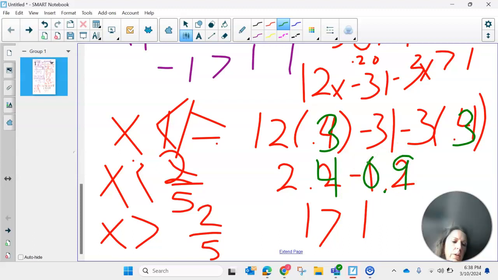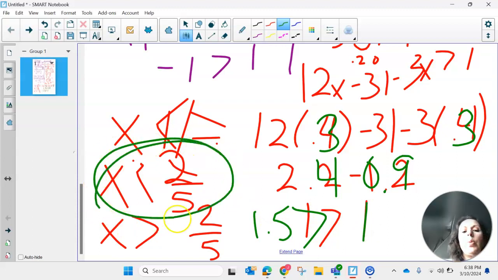So when we do 2.4 minus 0.9, we get 1.5. 1.5 is greater than 1. So we would know that we want x to be smaller, because when we tried it out with a smaller fraction than 2/5, because when we did 2/5, it was exactly 1. So we know we need to get smaller because it actually raises that answer up.